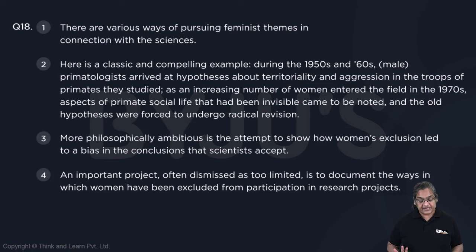There are various ways of pursuing feminist themes in connection with the sciences. Here is a classic and compelling example. During the 1950s and 60s, male primatologists arrived at hypotheses about territoriality and aggression in the troops of primates they studied. More philosophically ambitious is the attempt to show how women's exclusion led to a bias in the conclusion that scientists accept.